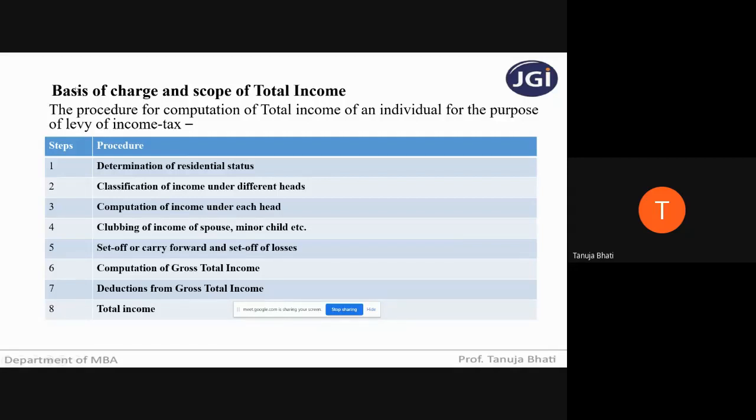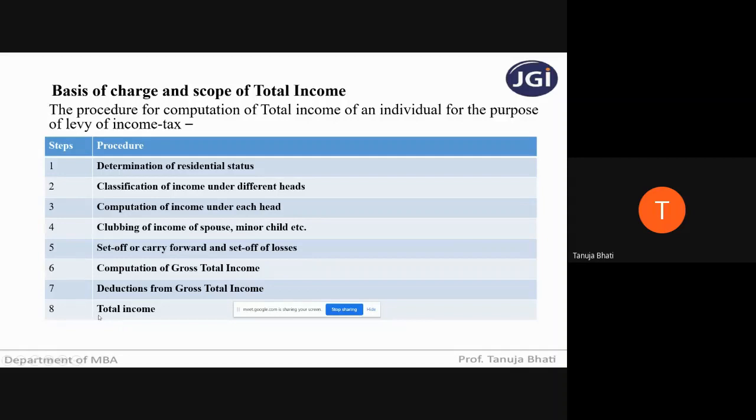So students, I hope you have understood the basis of charge and scope of total income, like how to arrive at the total taxable income of an assessee. So these are the steps to determine the total taxable income of an assessee. And why is this required?